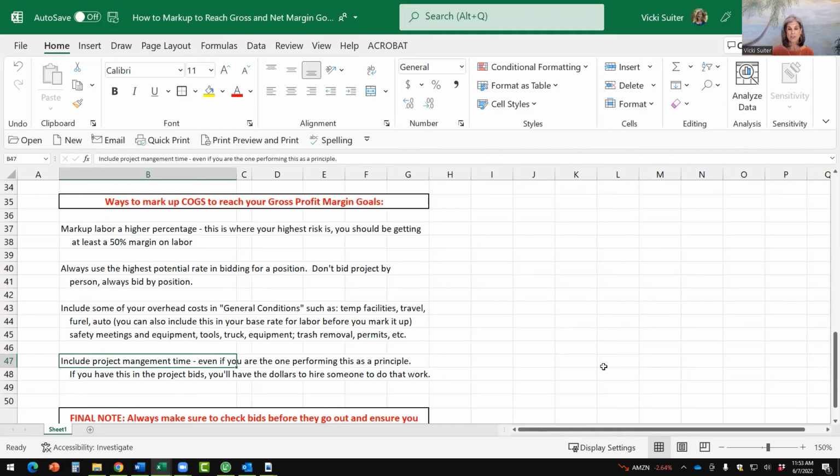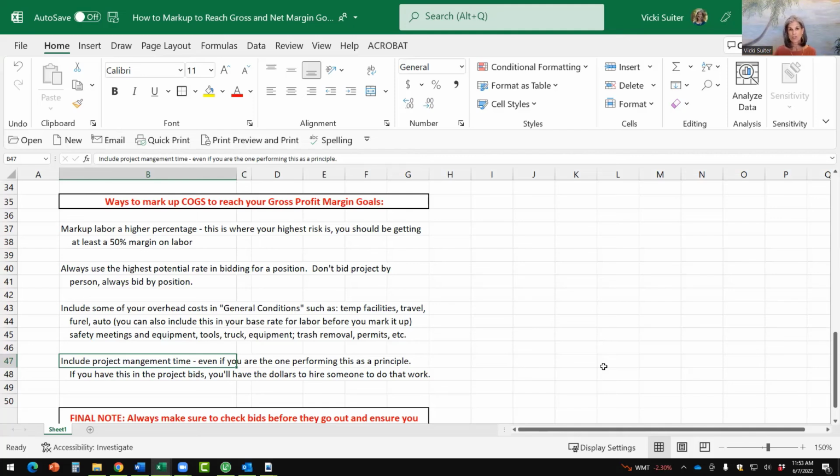Even if you're doing that as a principal, or if you have somebody in your office who's doing project accounting, that's another thing that you want to include in there, especially on bigger projects. Project coordinator, so that if you have somebody who's managing purchase orders, change orders, subcontracts, somebody who does that administrative side of it within your business, that is absolutely something that should go into cost of goods sold and part of your base cost for that project.